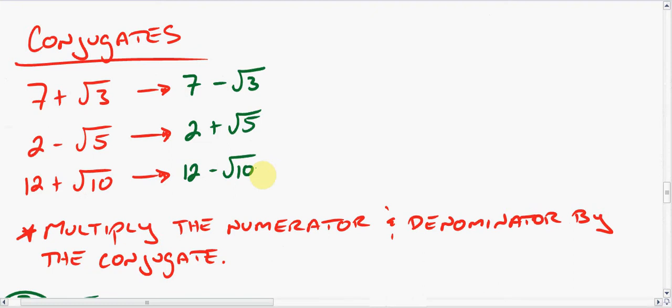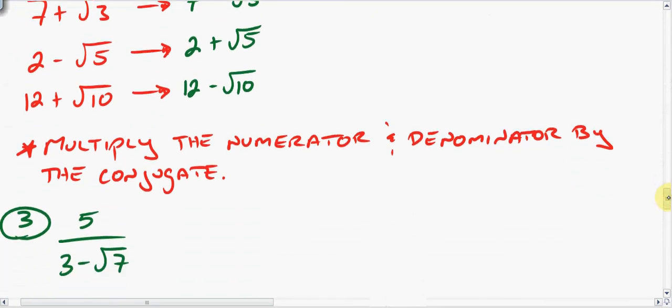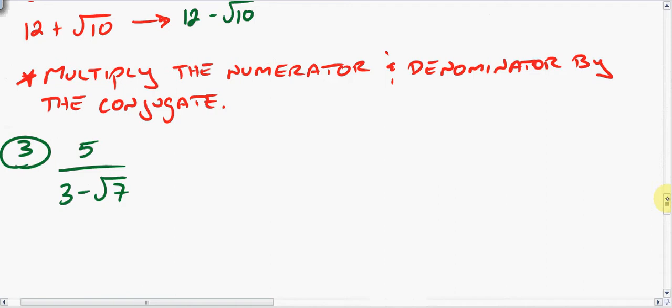And then in order to solve these problems, I have a nice little note here. If we have 5 divided by 3 minus the square root of 7, to rationalize the denominator, we want to multiply the numerator and the denominator by the conjugate. Remember, anything divided by itself is 1.